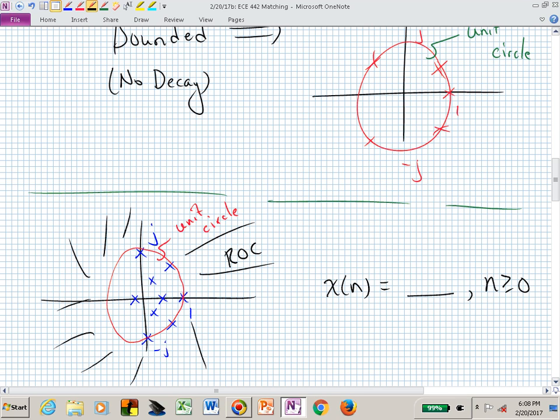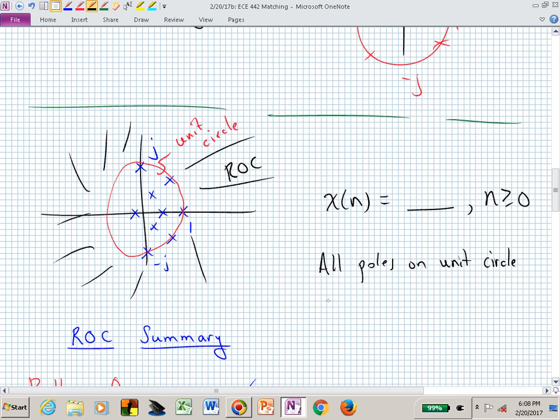Oh, do all the poles have to be on the unit circle? Thank you. Is that okay?